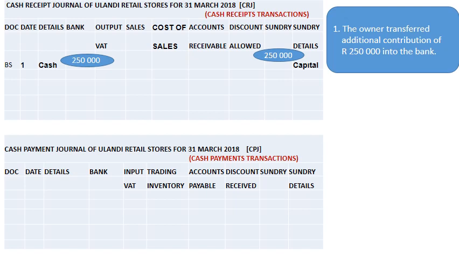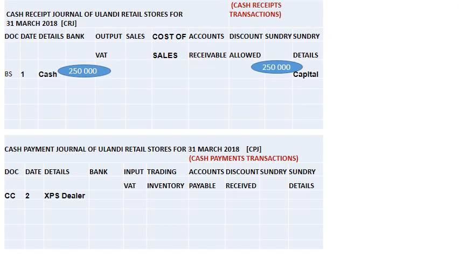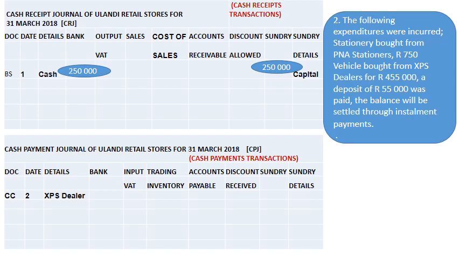Now let's look at the next transaction. In the next transaction, we have the following expenditures which were incurred. Stationery bought from P&A Stationers for 750. We said this is a credit transaction, therefore it will not be recorded in the cash journals.